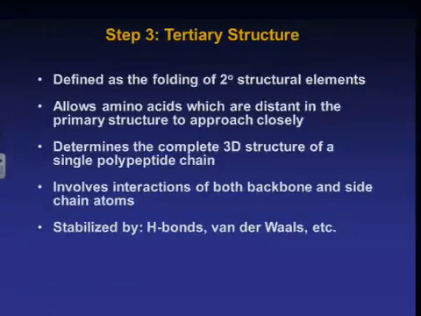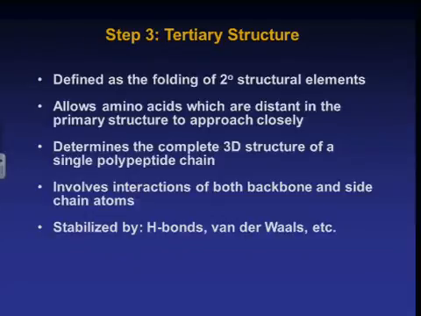All right, so we defined yesterday secondary structure as the localized configuration of amino acids that are close to one another in the primary structure. Tertiary is now the folding of these secondary elements into the three-dimensional structure.